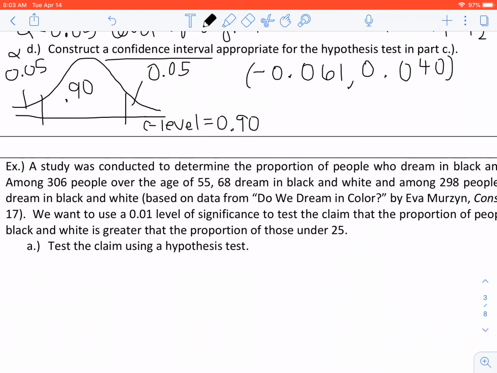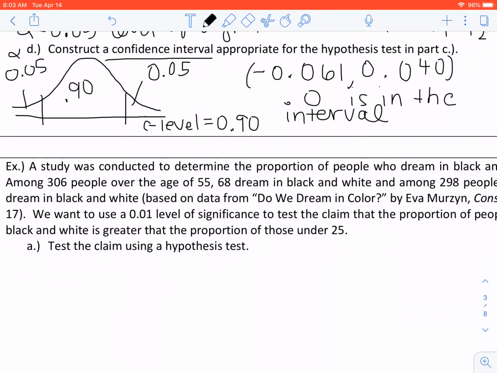And if you notice, one of the values is negative and one of the values is positive, which means that 0 is in the interval. And on the previous page, it stated what happens if 0 is in the interval.